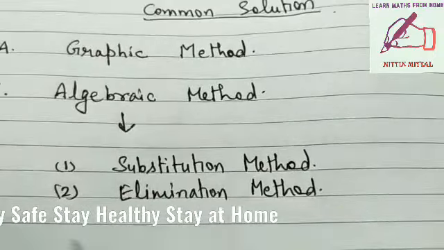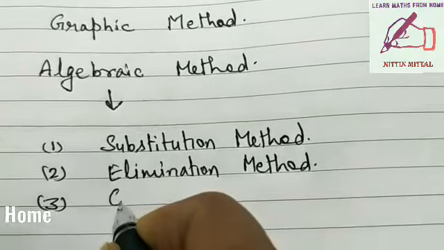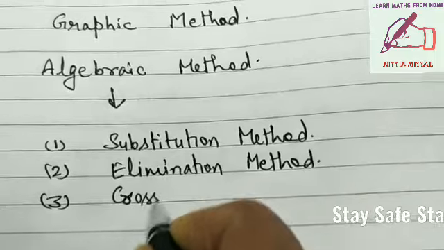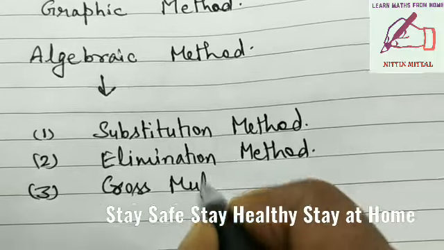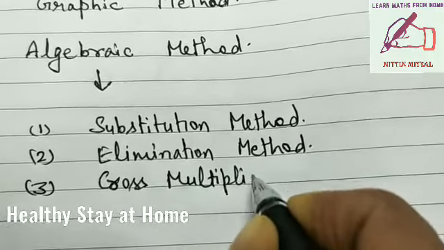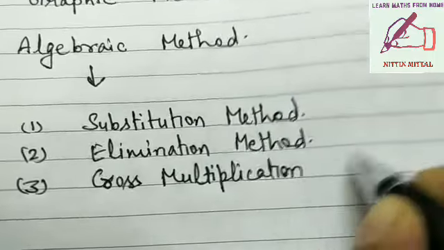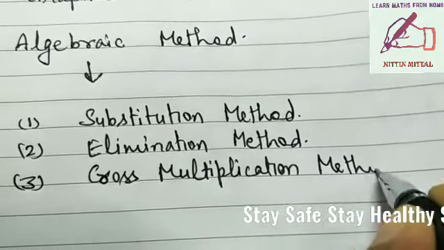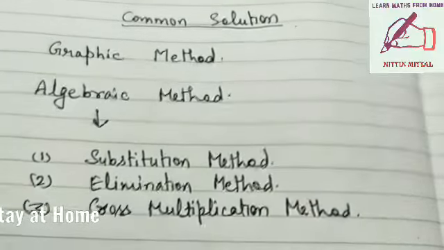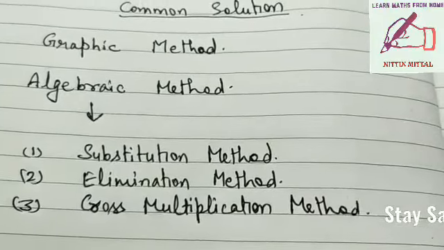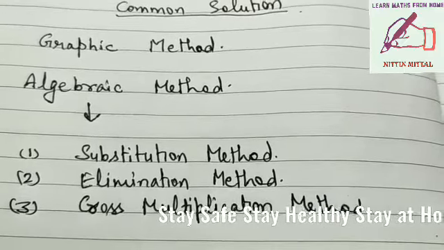And the third one is cross multiplication method.